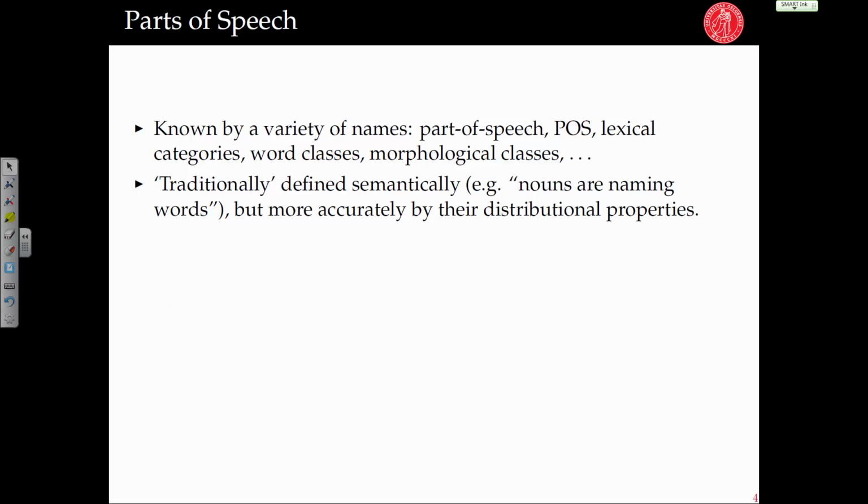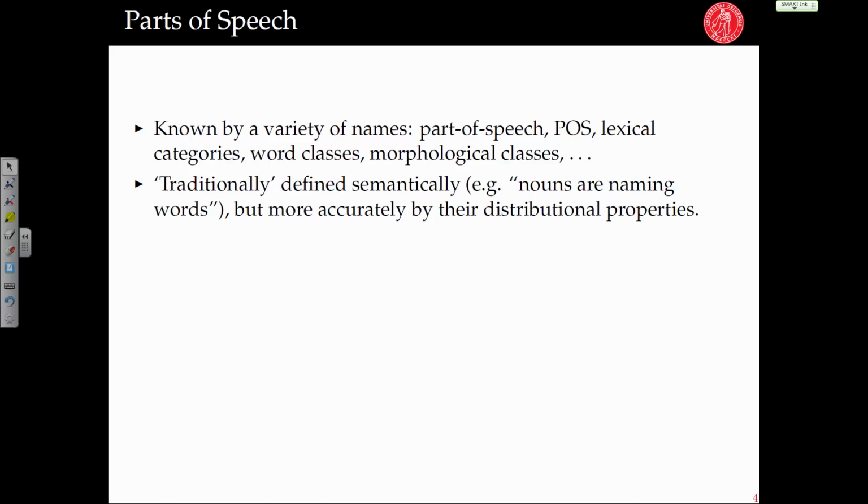And there are many ways to define parts of speech tags. So you can define them based on semantics, but you can also define them based on syntax and morphology. So in terms of semantics, something like noun, for example, could be defined as the words that name things, or name places, or name people.